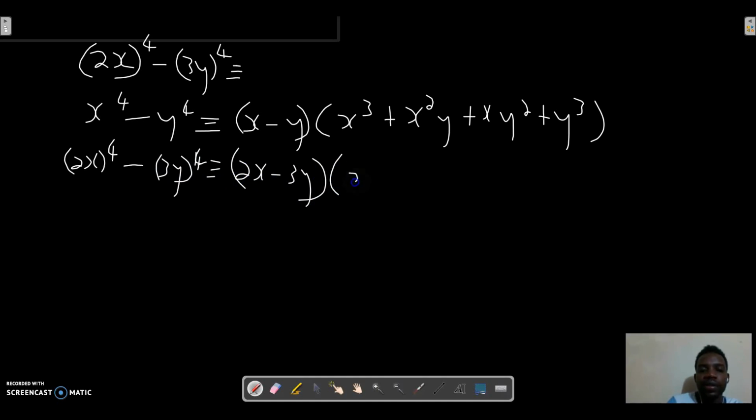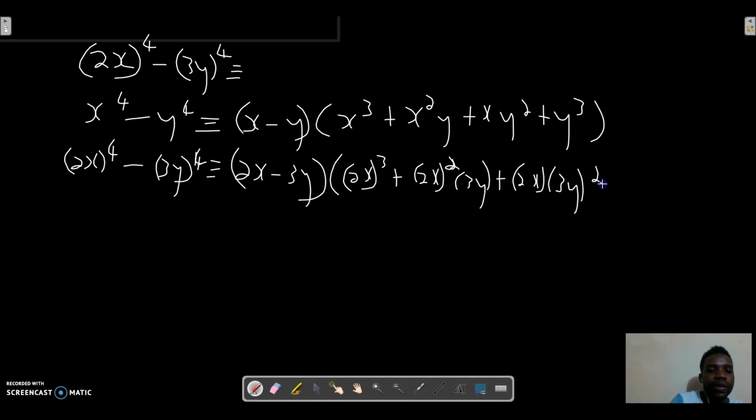I don't know if you want to initially write it as 2x, bracket that and put cube, plus x squared y. So you have 2x all squared, and y, bear in mind that in the place of y, you have 3y, plus xy squared. So you have 2x times 3y squared plus y cubed, which is 3y cubed.